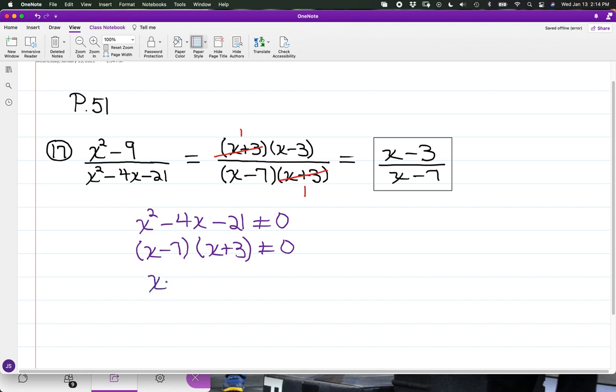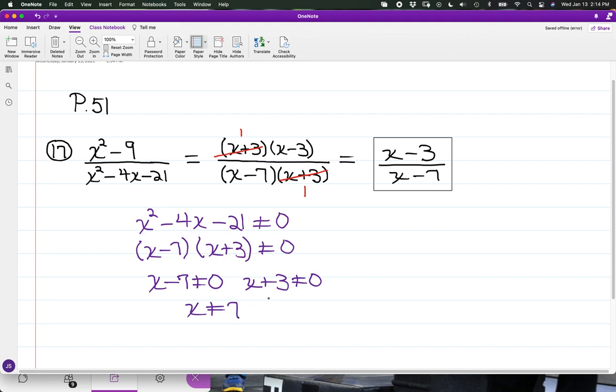And so what is disallowed for x are those values that will cause each of the factors to be equal to 0. For x minus 7, if x minus 7 cannot be 0, then x cannot be 7.